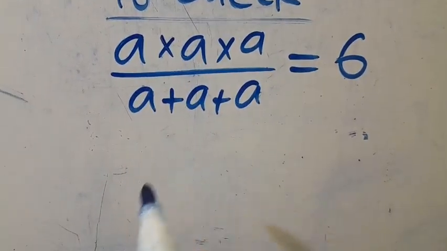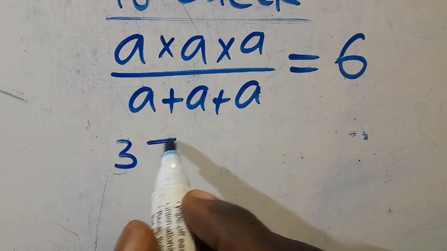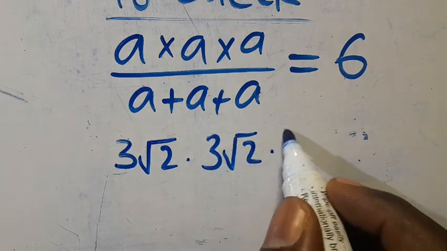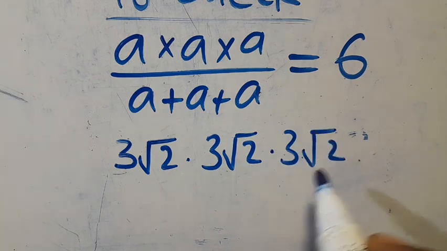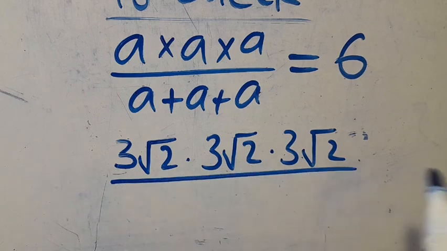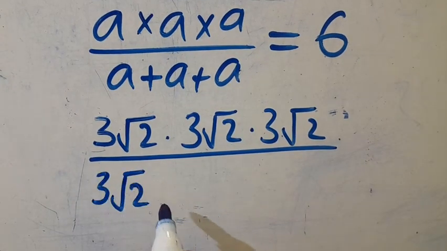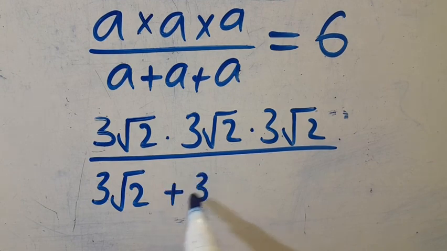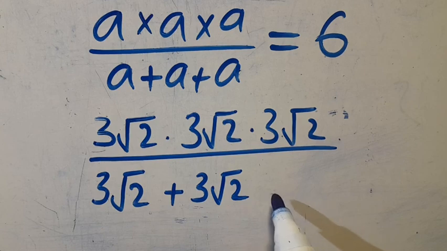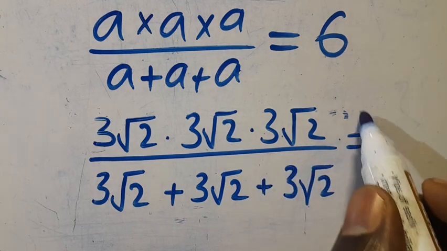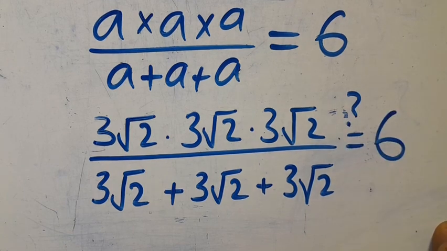Here will be 3 root 2 multiplied by 3 root 2 multiplied by 3 root 2, divided by 3 root 2 plus 3 root 2 plus 3 root 2, then is going to give you 6.